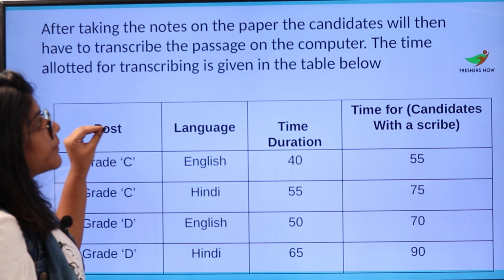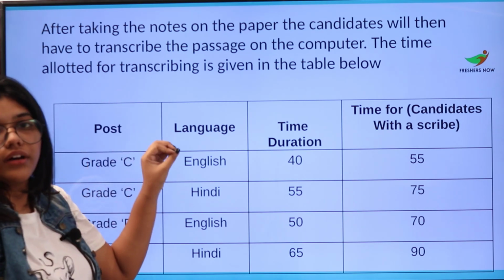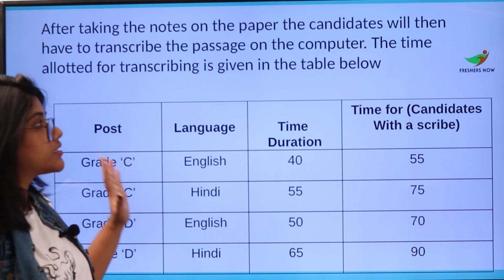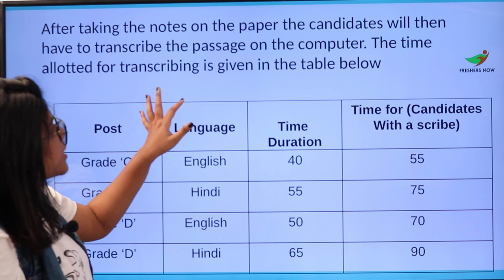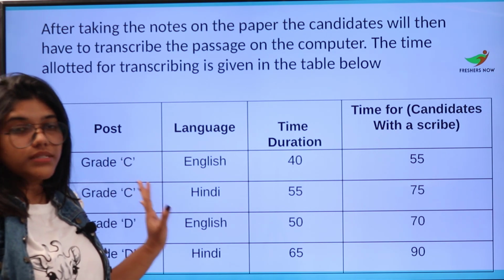After taking the notes on paper, the candidates will then have to transcribe the passage on a computer, as I've mentioned in the previous screen. The time allotted for transcribing is given in the table below. Please stick to the screen so that you will not miss the details.